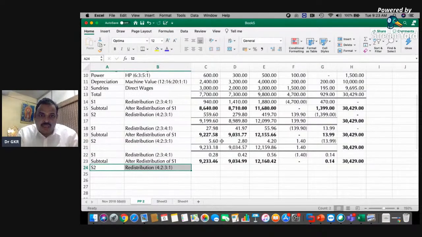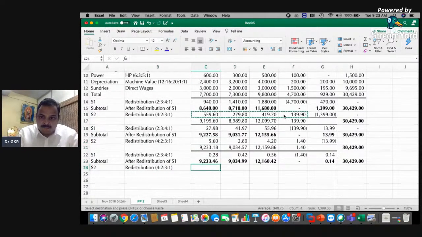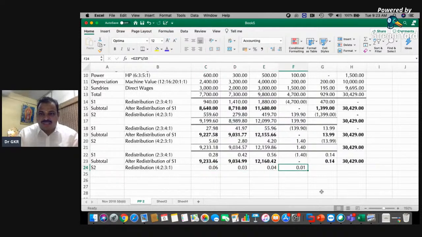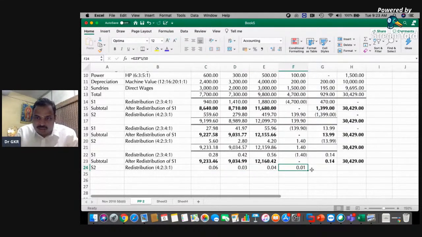This I will again redistribute. This 14 paisa, if you distribute it, there's only 1 paisa that comes. So this 14 paisa is already distributed to 6, 3, and 4. That is 13 paisa. Maybe you can distribute this 1 paisa also in the same way. Ultimately, you can ignore that 1 paisa.